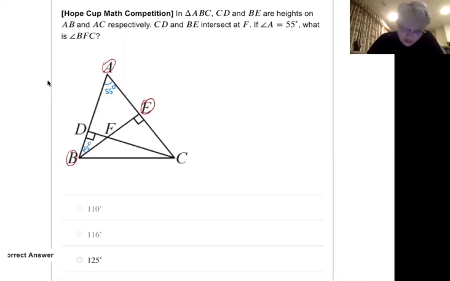And then by looking at the small triangle DBF, we know that angle DFB equals 55, which is 90 minus 25, right? We need to get the angle BFC, right? So BFC and DFB form a line which has the angle 180 degrees. Then BFC will equal 180 minus 55, which gives us 125 degrees.